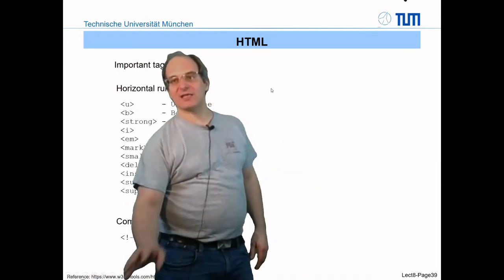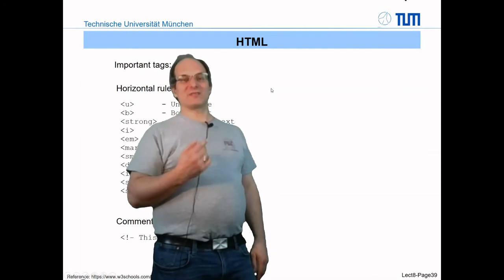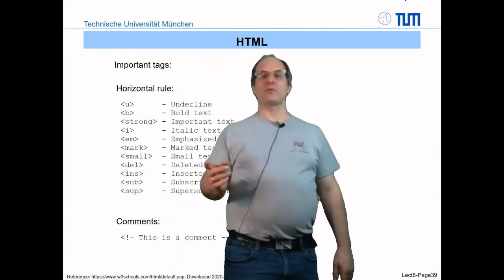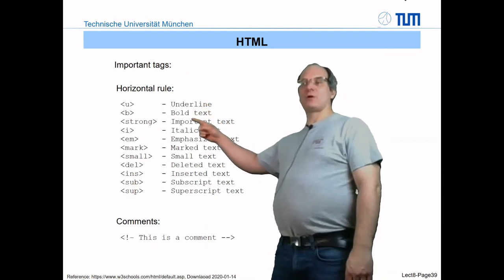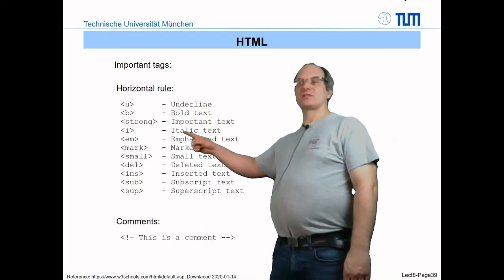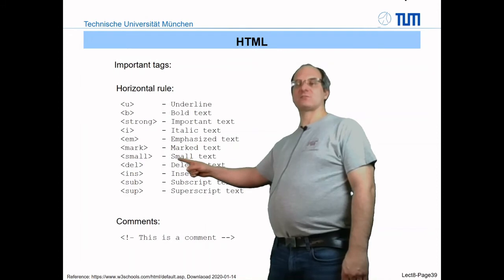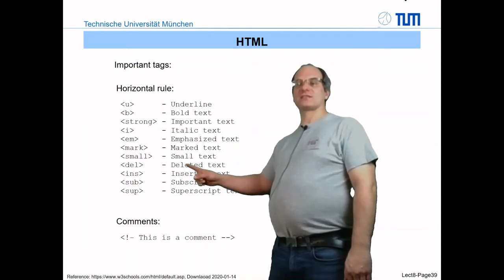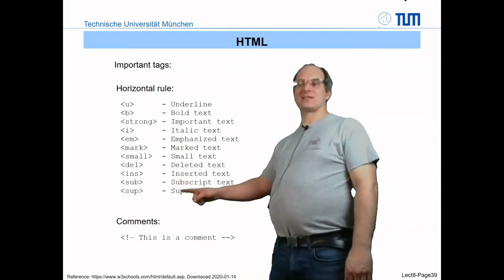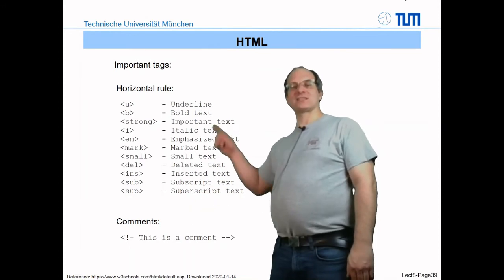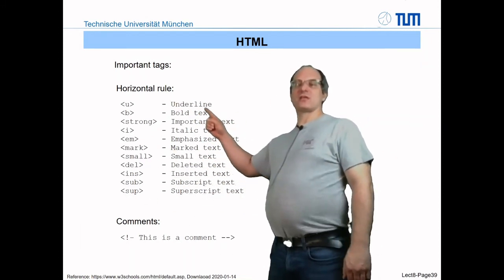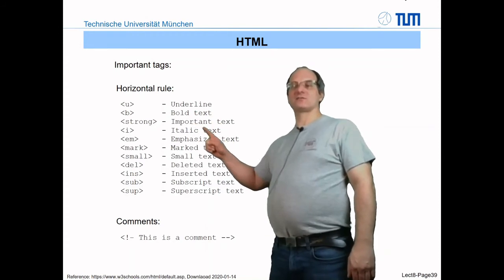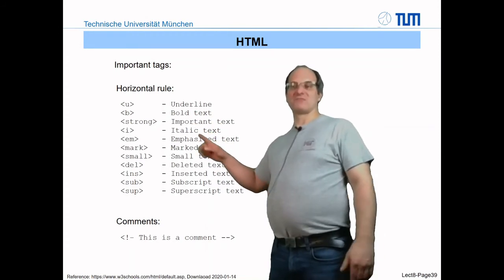Here is another list of important tags. So this list of important tags is, for example, that you can make underlined, bold style, important text, italic, emphasized text, marked text, small text, deleted text, inserted text, subscripted text, and so on. So you can have these things. Usually, in most cases, you use underline and bold text, sometimes italic, things like that.